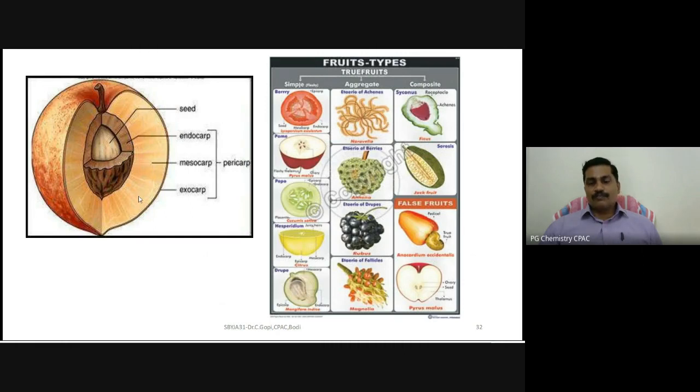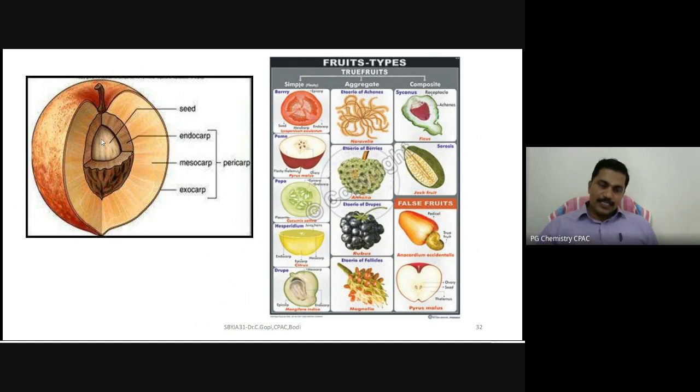This is the fruit. When you take the fruit, you find all these characters. The centermost portion is the seed. The seed is enclosed by the endocarp, mesocarp, and the epicarp, which together are called the pericarp.